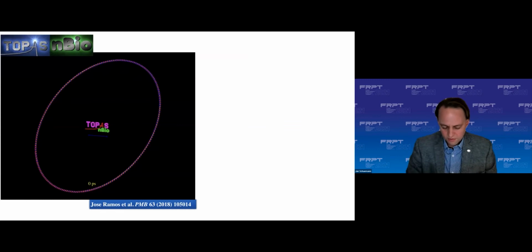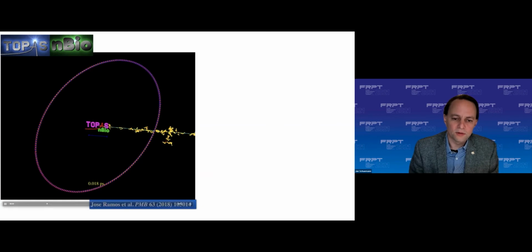And the track structure Monte Carlo codes can be nicely depicted by just looking at a single track. Here is a DNA plasmid and you can see the proton coming in with secondary electrons, and then the creation of radiolysis species.